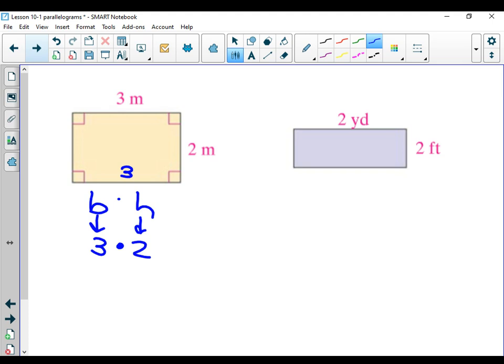What's the area? 6 meters squared. When you haven't practiced something for a year, you're probably going to forget the labeling. So if you notice your neighbor doing that, use your nicest voice and say, hey, don't forget the squared. Here would be a not nice voice: What are you doing? It's supposed to have a 2. Use your nicest voice.